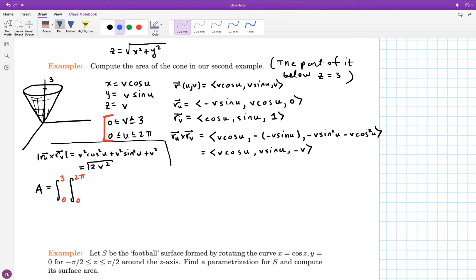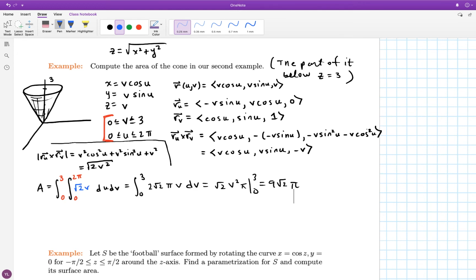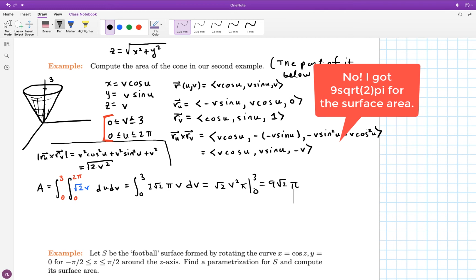This is the magnitude of r_u cross r_v. And we integrate over the parameter space, du dv. Okay, and I've gotten 36 pi for the surface area.